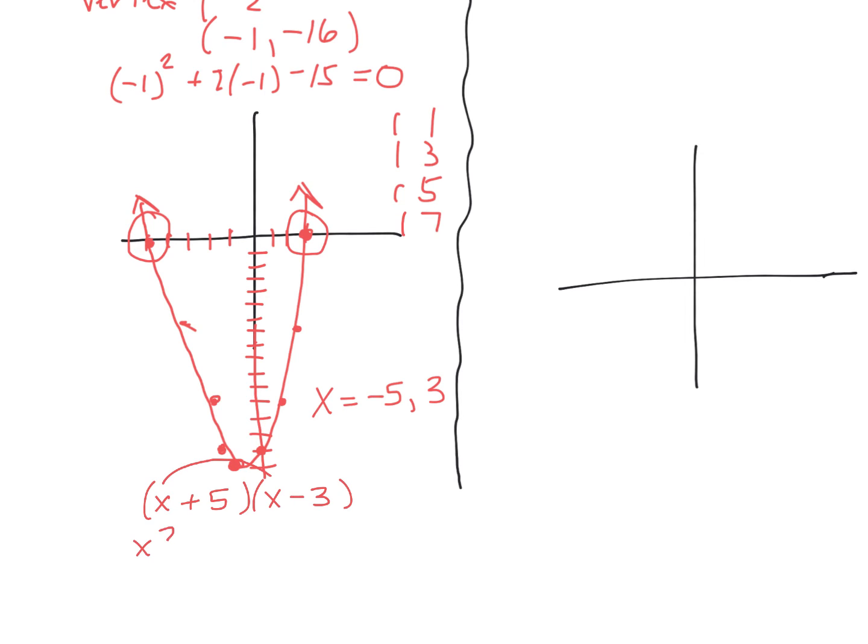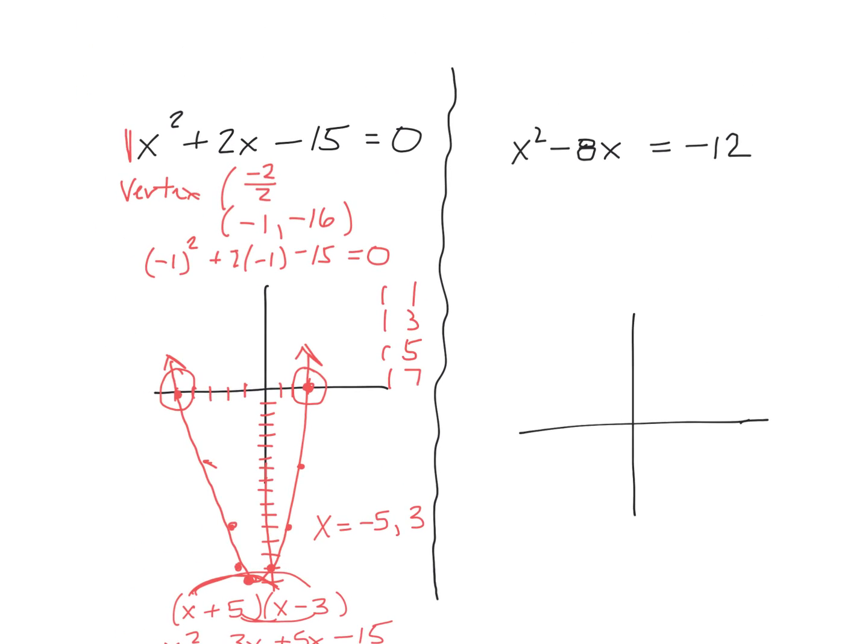If we FOIL this, taking our first terms, x times x is x squared, minus 3x would be our outside terms, positive 5x would be our inside, and negative 15 would be our last terms. Then if we combine like terms, you can see we get that original equation. But that's all coming next.